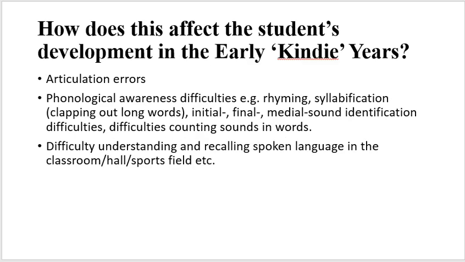Okay, how does this affect our student in terms of the schooling system and the different stages of the schooling system? Let's start first with the kinder years. Within these years, the student may present with unclear speech, so they've got articulation errors within their speech, and this is because they are struggling to process the correct way to produce these sounds when they're listening to speech.